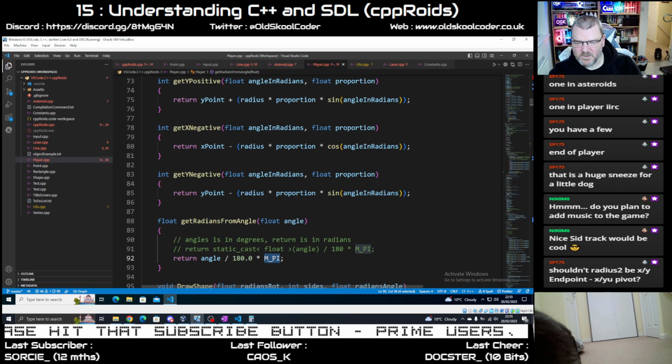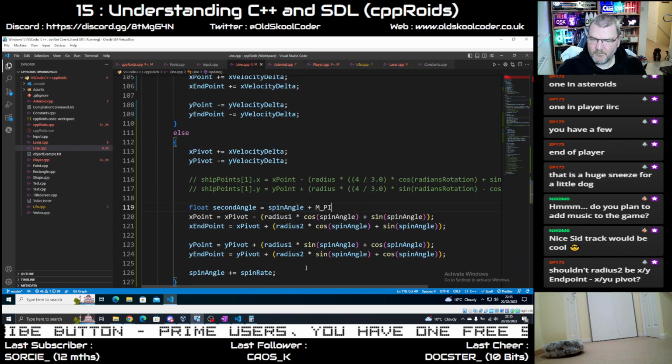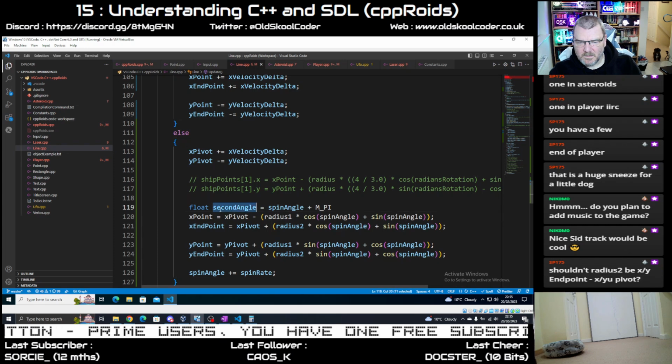If we're in radians already, we just need to add pi. So the second angle needs to be there on the ends.